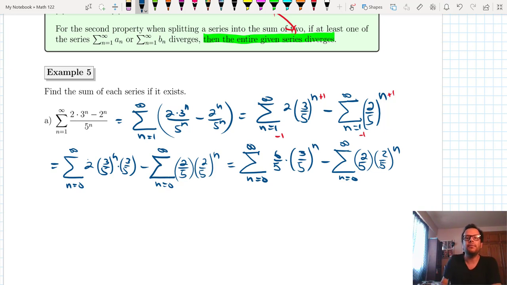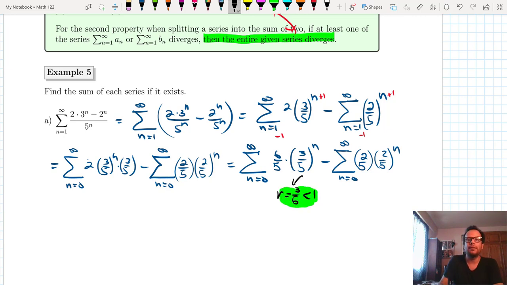And in this case, well, I'm not going to write the entire setup. Notice I'm going to look at r only. So in this case, r is 3/5, which is less than 1. Good news. This first series will converge.